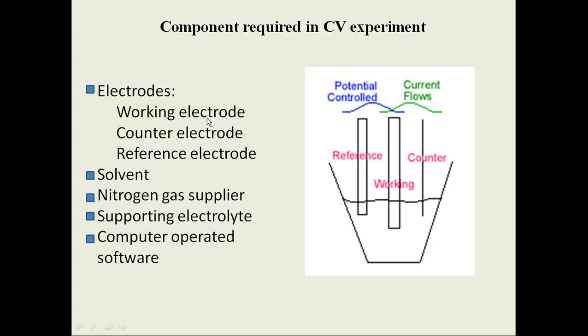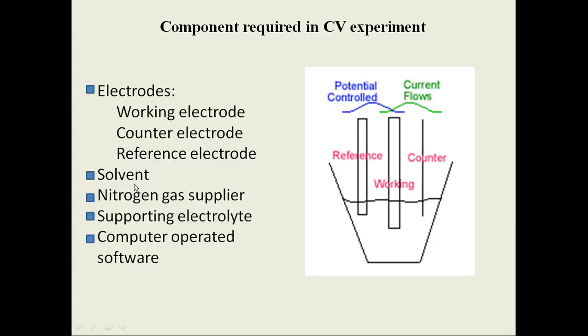The working electrode is used for oxidation or reduction of the analyte; on the surface of that electrode, oxidation or reduction of the analyte occurs. The reference electrode is for reference, that means potential is measured with respect to this electrode. And the counter electrode is for current flow.